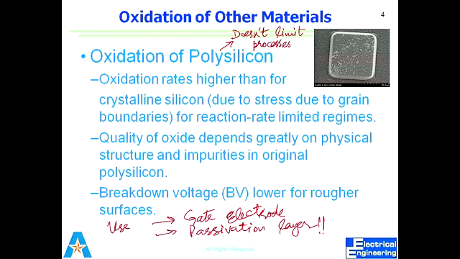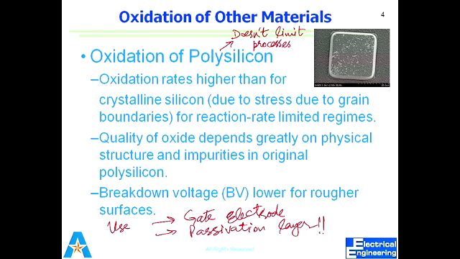At the boundary where one format differs from the other inside the polycrystalline material, that is named the grain boundary. You may have heard about that. It differentiates two parts of a crystalline form. So if we thermally oxidize polysilicon, the oxidation rate for crystalline silicon is lower compared to polysilicon. Polysilicon gives you a higher rate.